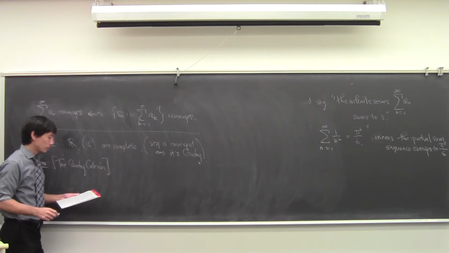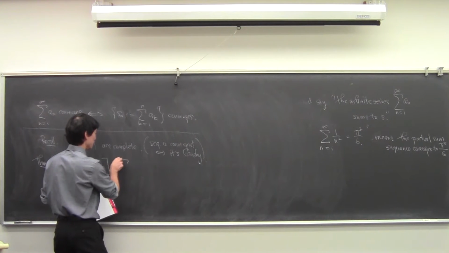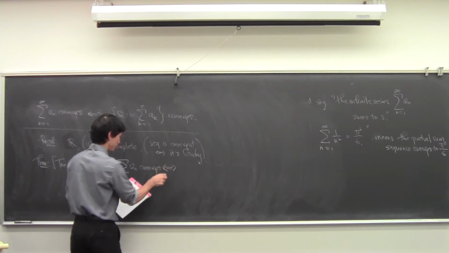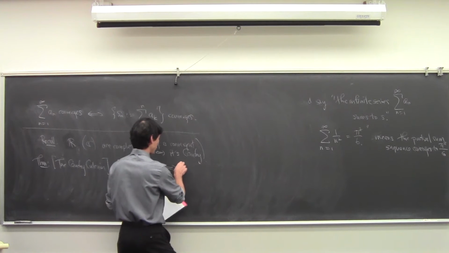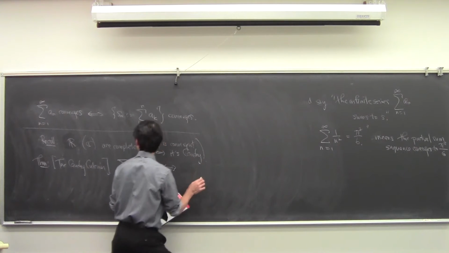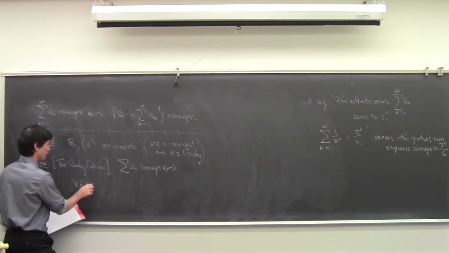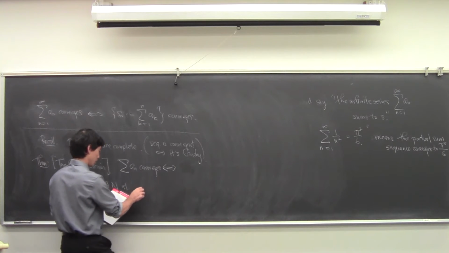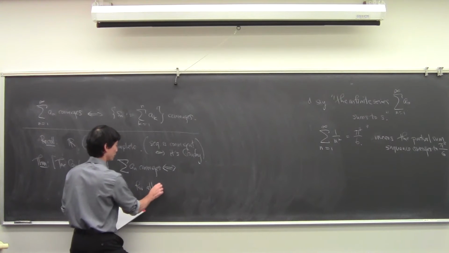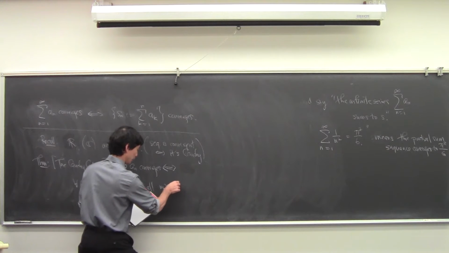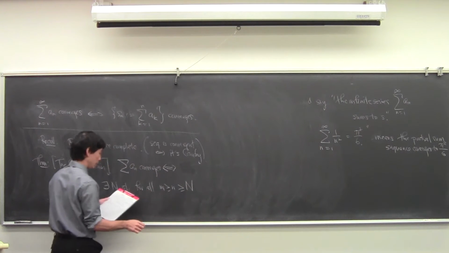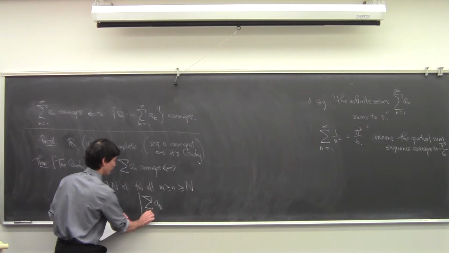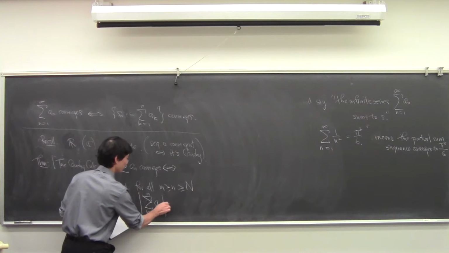It's this: a series converges if and only if, given any epsilon, there exists a time N such that for all m bigger than or equal to n bigger than or equal to that time, the absolute value of the sum of a sub k from k equals n to m is smaller than epsilon.